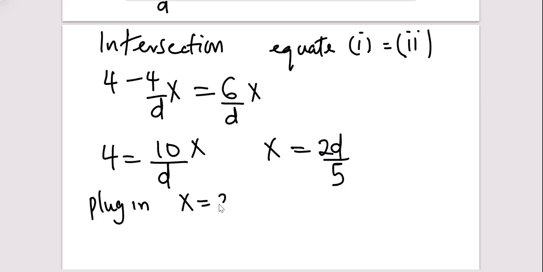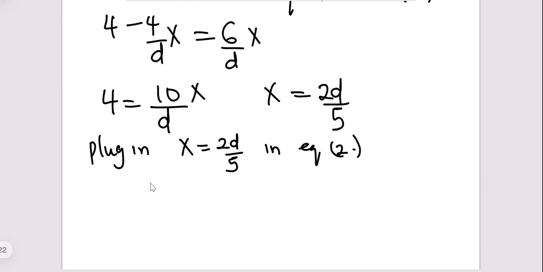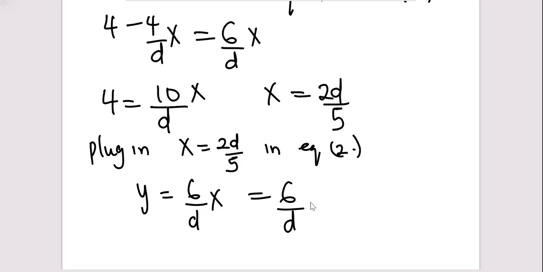The next thing to do is to plug in x equals 2d over 5 in equation 2, which is y equals 6 over d x. So here we're going to have 6 over d multiplied by 2d over 5.